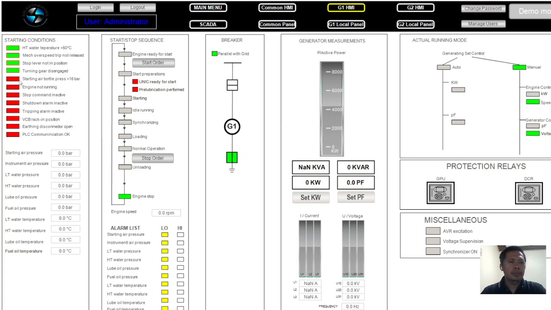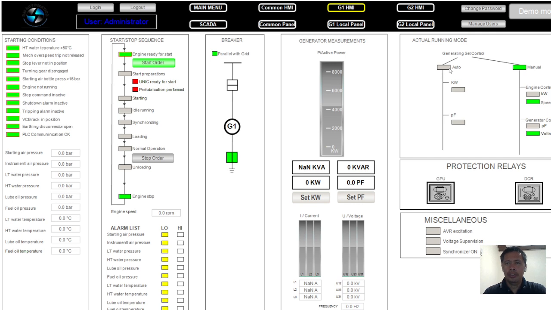So the checklist is okay, okay, okay, okay, okay, okay, okay, okay. As we can see, the engine ready to start indicator is already lit. So now to start the engine, here at the running mode, there's manual or auto.